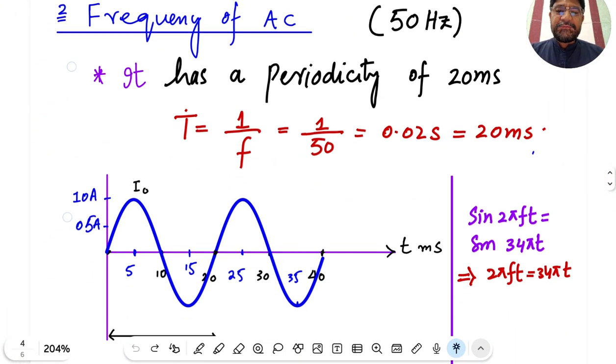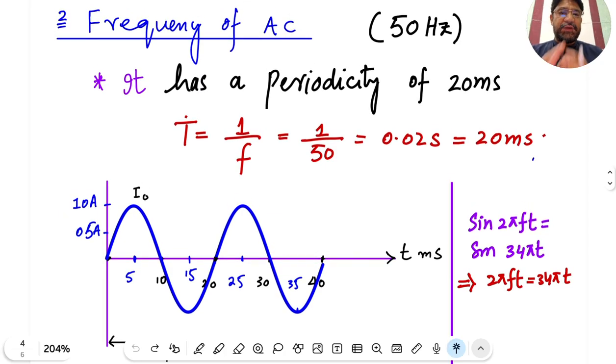Now, the second property is the frequency of the alternating current. When we talk about frequency, in different countries the frequency is stated as 50 hertz.